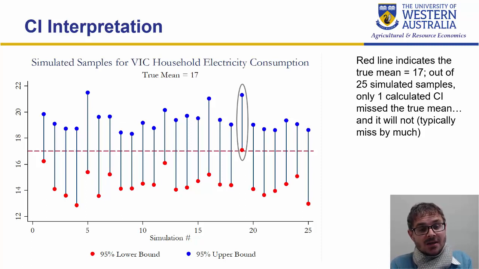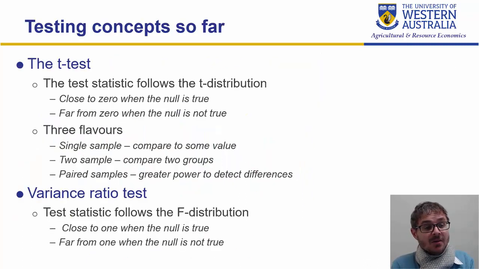So what have been our testing concepts so far? We've had the t-test, which comes in three flavors and follows the t-distribution. Values close to 0 for our test statistic mean that we have little evidence against the null. Values far from 0 are strong evidence against the null.